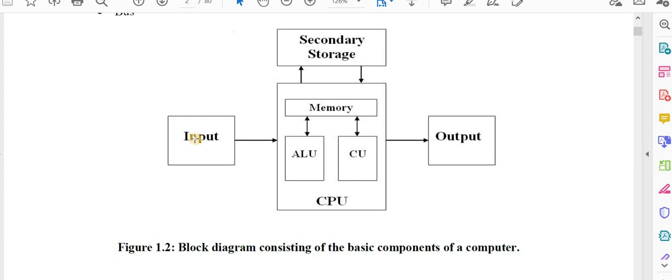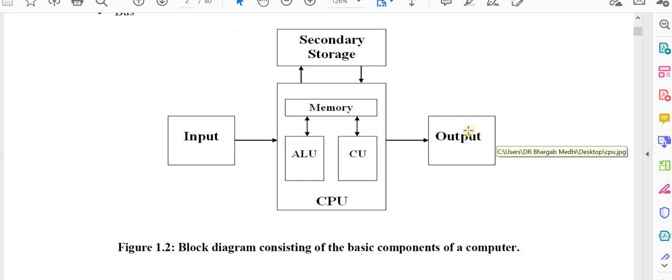So you have learned what an input device is, through which we give the input. For example, keyboard, mouse, web camera, scanner. These are the input devices, and output devices are those devices through which you get the result.